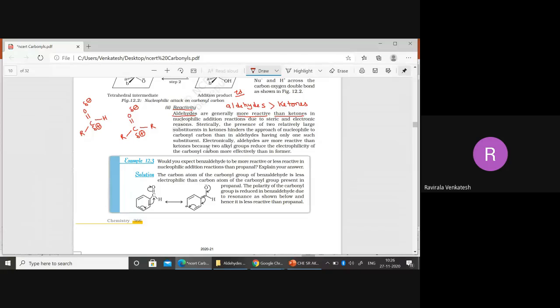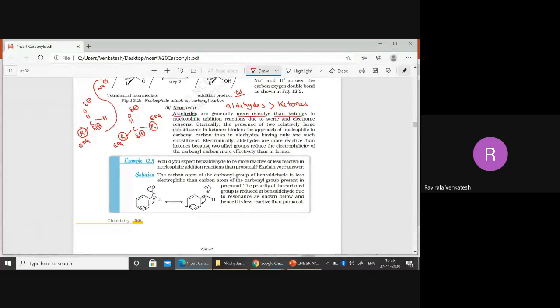Now here, this R will be an electron donating group, beta, maybe a plus I or plus M group. Here also R is an electron donating group. Now the nucleophile is attacking here. Where does the nucleophile attack? On the carbon side.